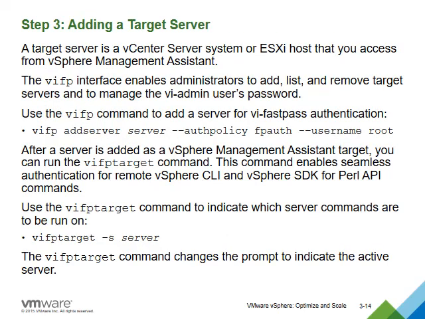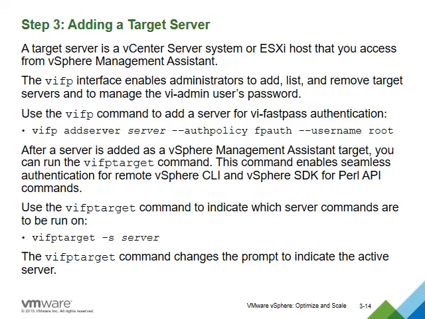Now that we've configured the vMA, we want to add our target. When you add your target, you run vifp addserver before you run any vSphere CLI commands or your VMware vSphere SDK for Perl scripts against that system.